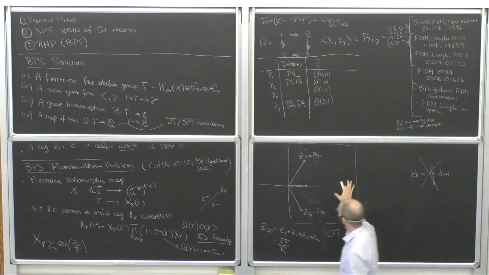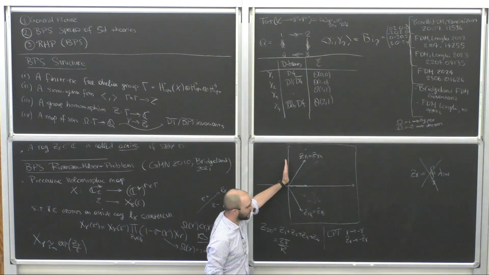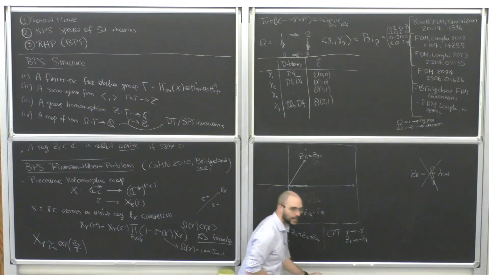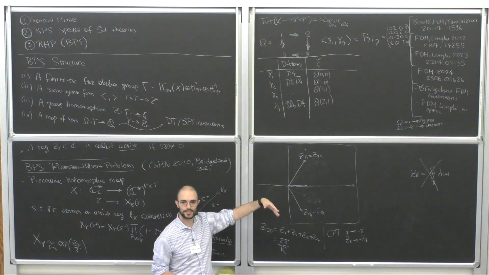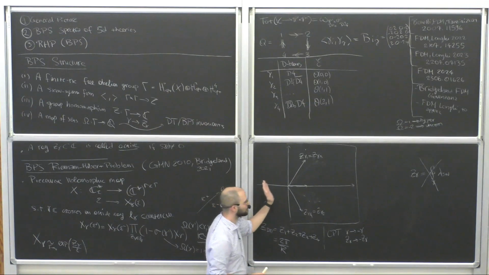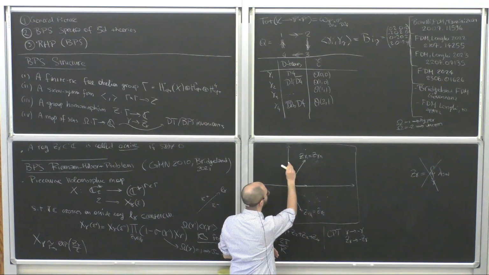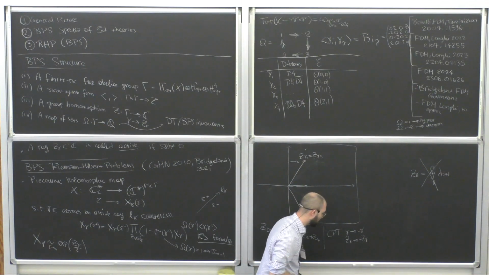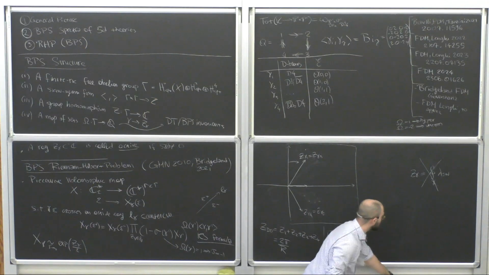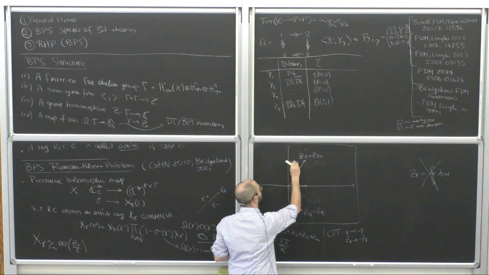So I have this choice of half plane, and the choice is completely arbitrary. I chose this right half plane, but I can start rotating my axis.